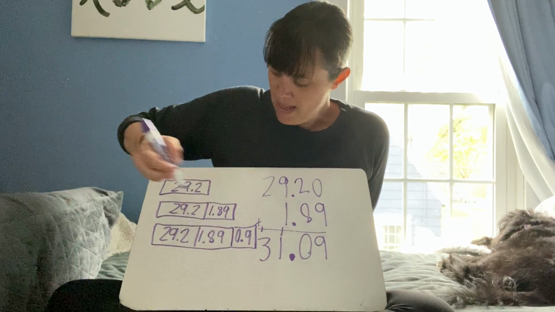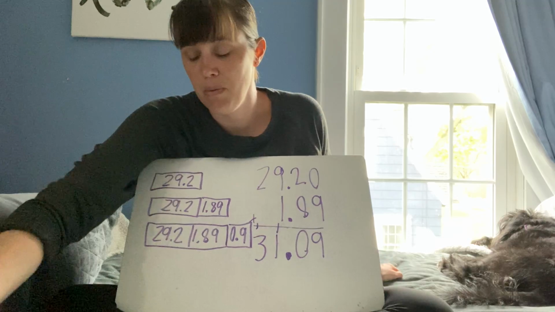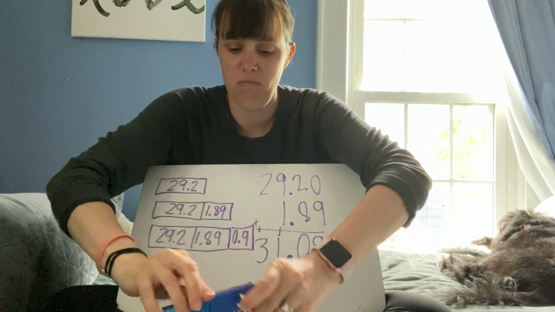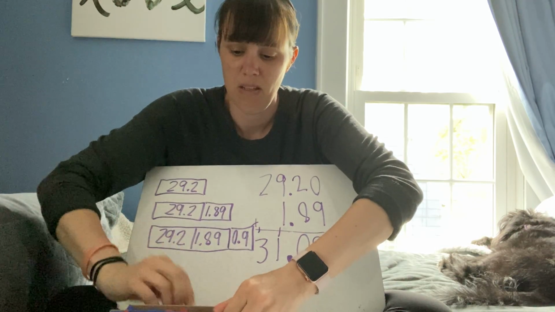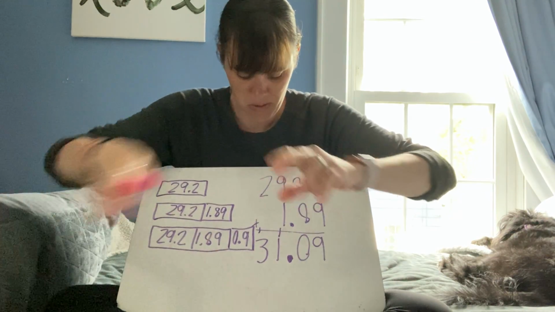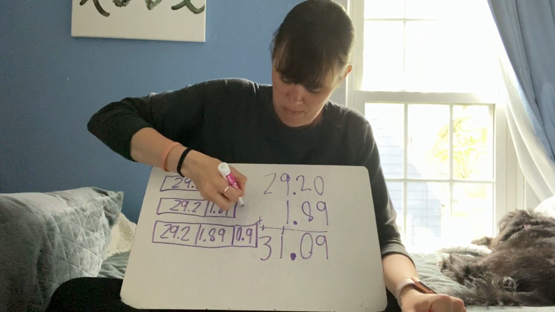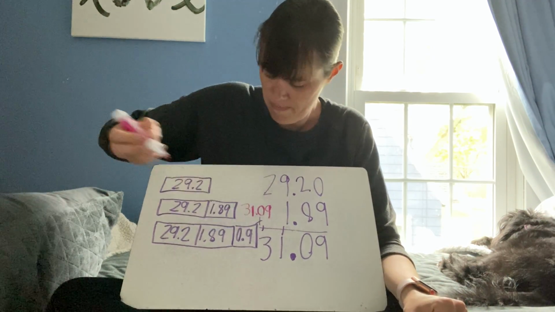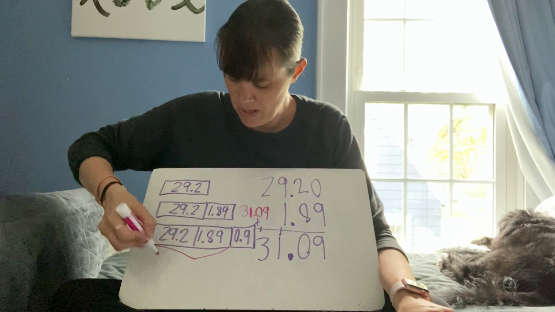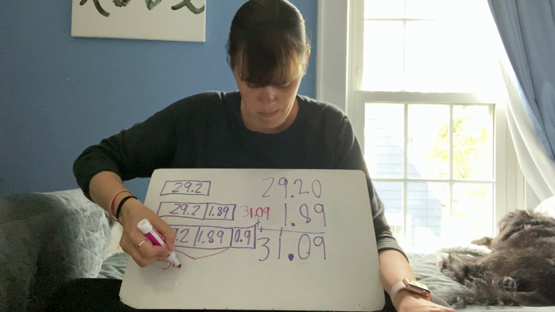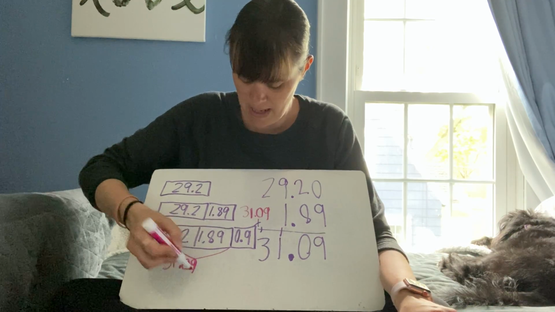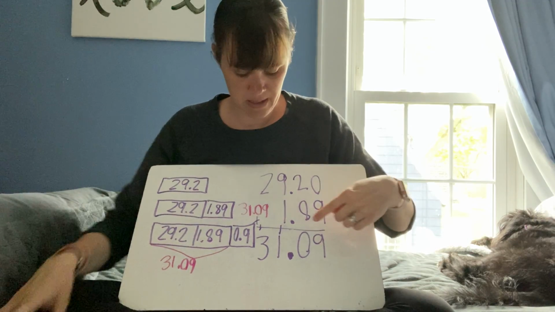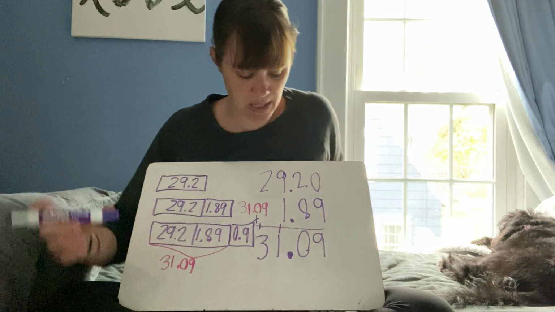So this time, I'm going to grab a different color. This time is 31.09. So that means that is already 31.09. Now we need to add 9/10 of a second to it.